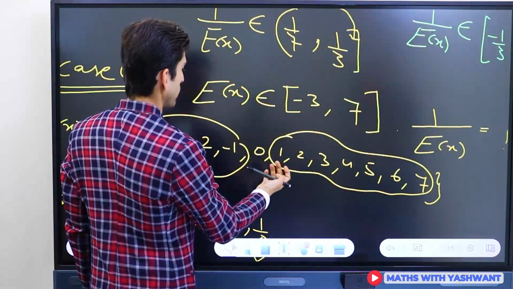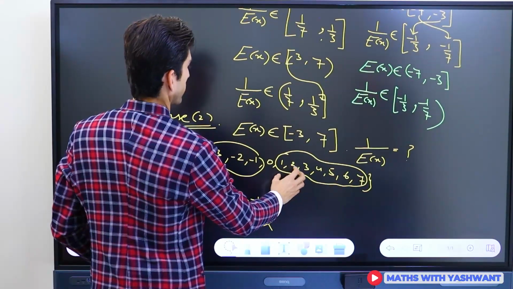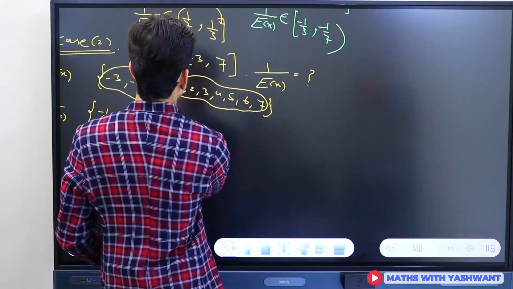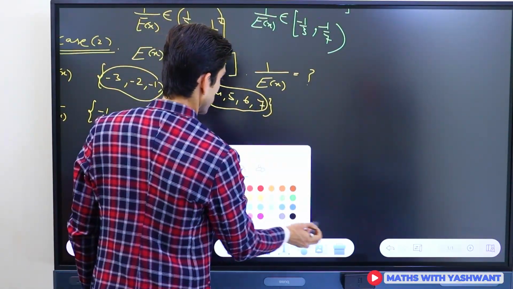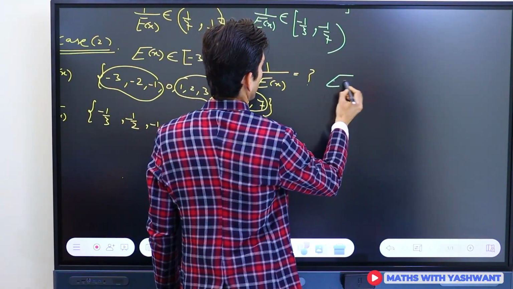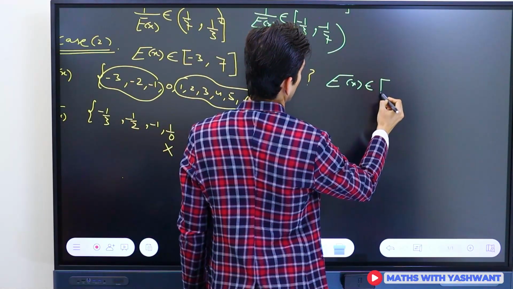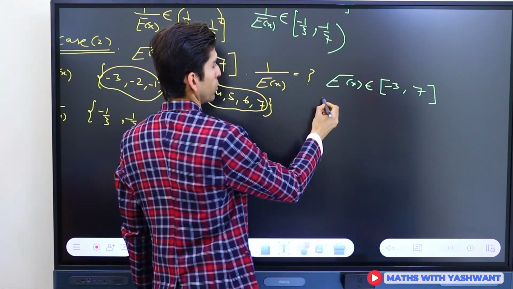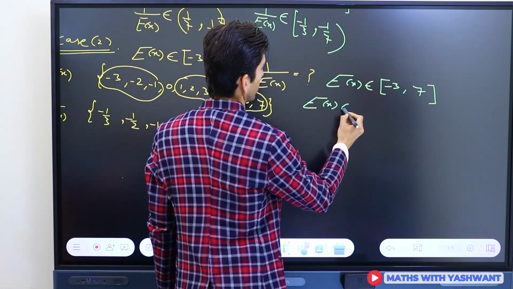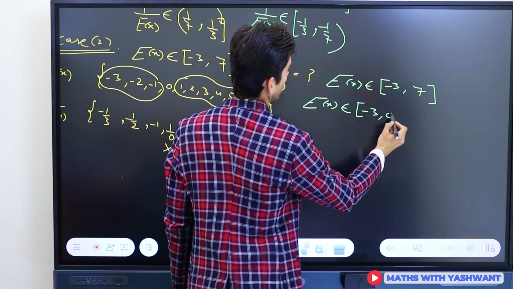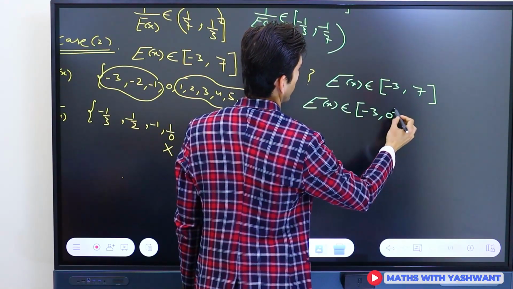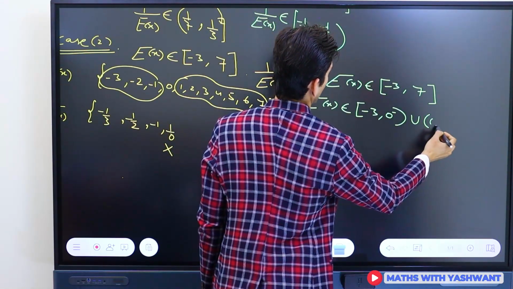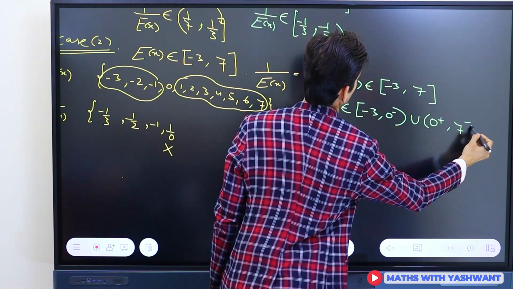So we have E of x belonging to -3 to 7. We break the interval at 0. So when we break the interval at 0, we have -3 to 0 negative, union 0 positive to 7.